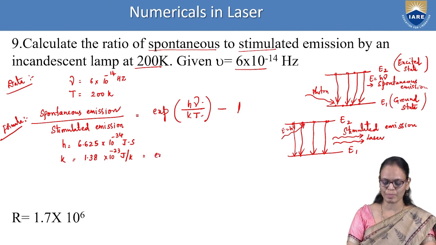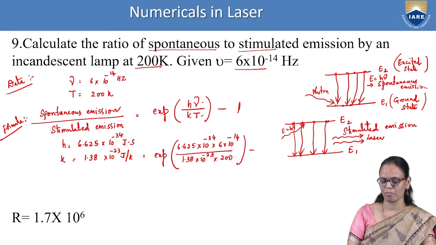So let us just substitute and get the value. So we have exponential h nu, 6.625 into 10 power minus 34 into 6 into 10 power minus 14 upon 1.38 into 10 power minus 23 into 200, minus 1.